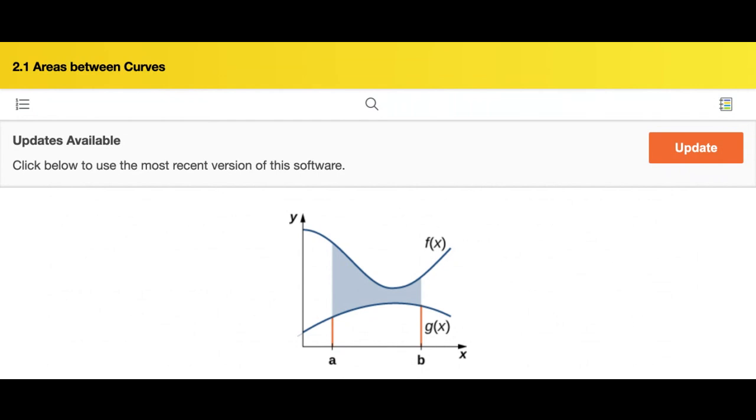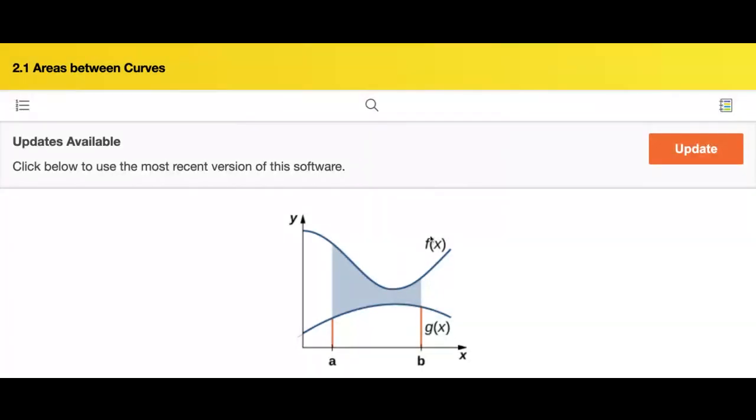Since we know how to find area under the curve, this is just two areas under two different curves, with the middle part overlapping. So we use the area under the upper function and subtract the area under the lower function.